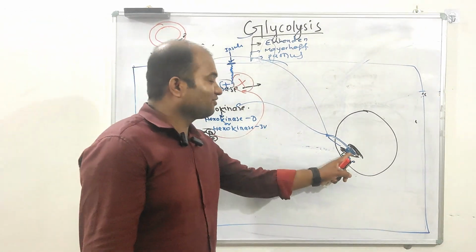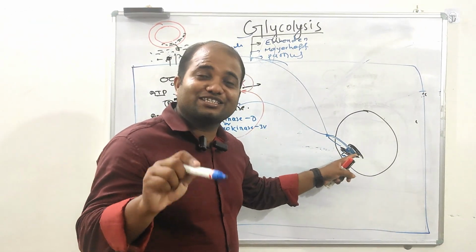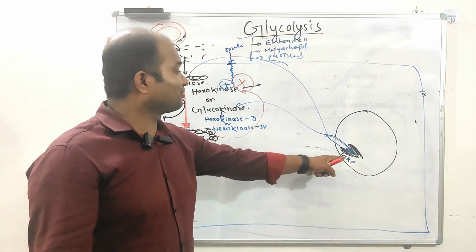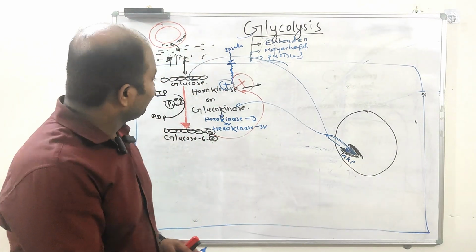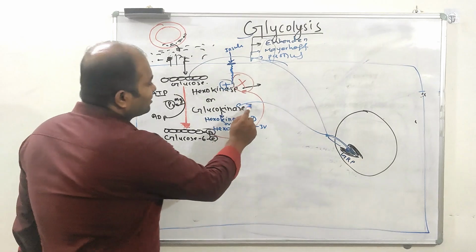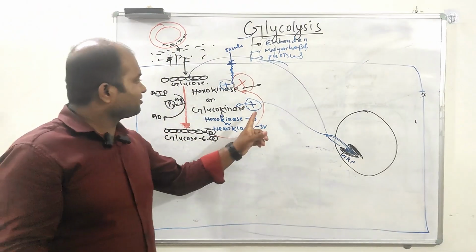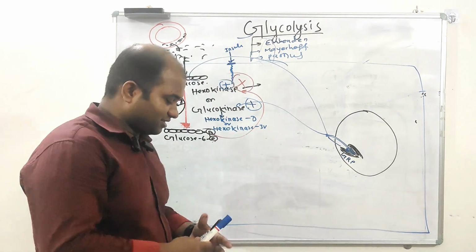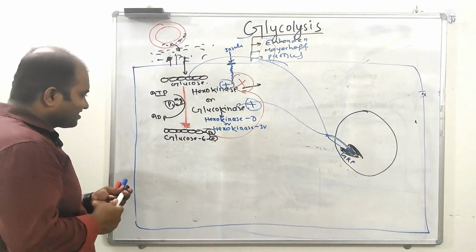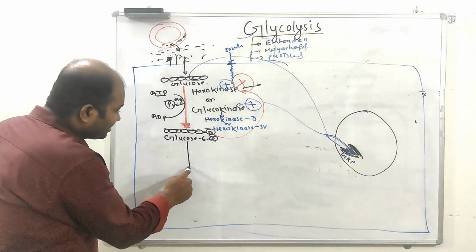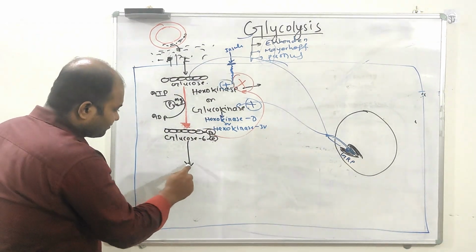So the concentration of glucose itself is the activator of this glucokinase. But who will inhibit this? We'll see it later. Who will inhibit this? We'll find it.